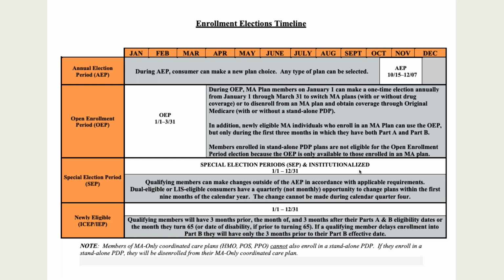So you can see that they will have 3 months prior, the month of, 3 months after they become eligible for Medicare. They're turning 65. And ICEP is typically when their A and B parts differ. So say they're 65, they take out Part A, they work a couple more years, and they stay on Part B, you'll have an ICEP.